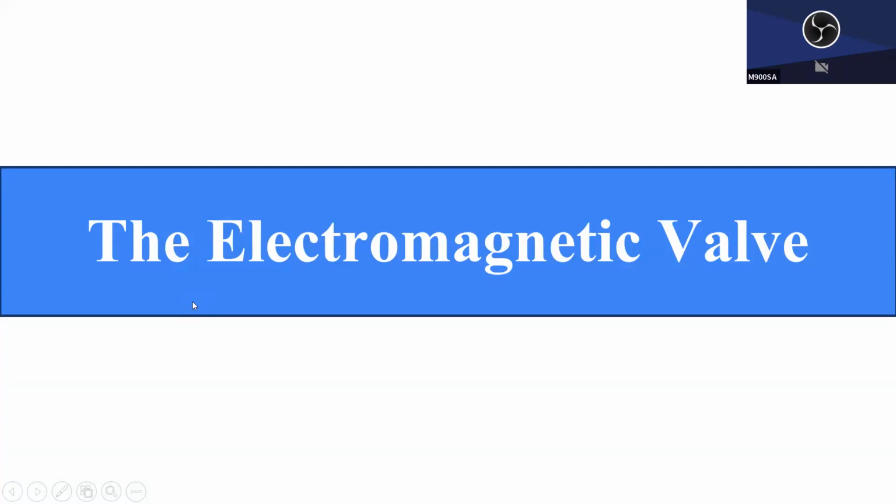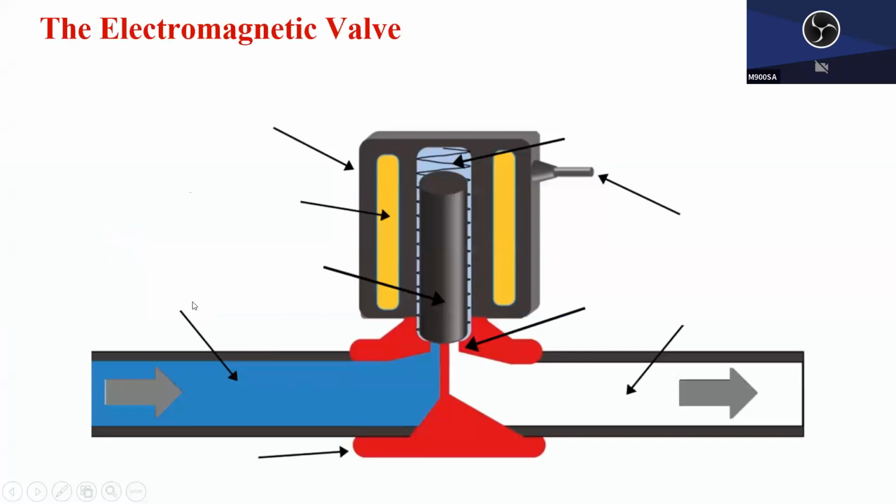So inside the black one, it will look just like this. If you cut this one in half, it will look like this. Let's see what is inside the black one. Inside the black one, we call it solenoid.